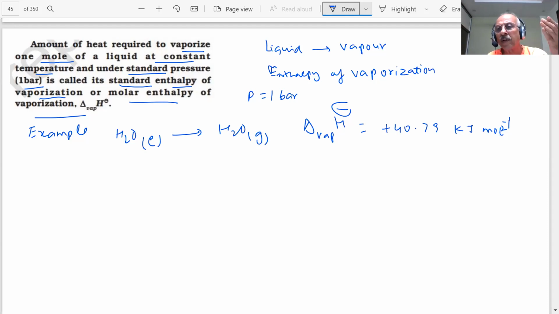So standard enthalpy of fusion, I have told you. Standard enthalpy of vaporization, I have told you. This value is more.